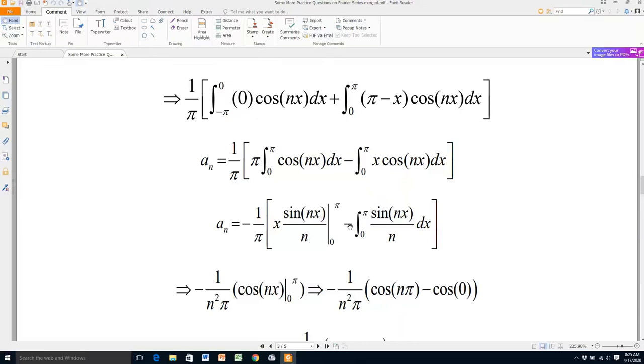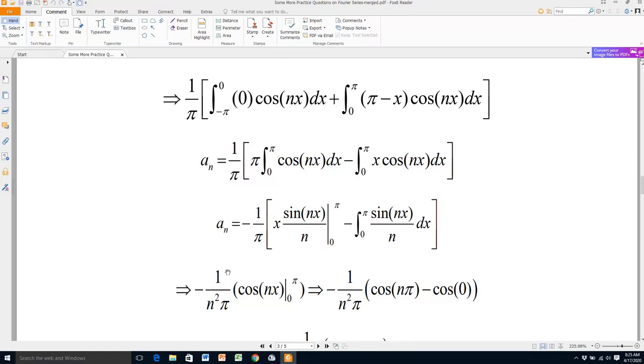You see here, when I take this negative, you have minus, this minus, and when you take the integral of this sine, it again gives us minus cos nx divided by n. So this negative, this negative and this negative, you have three negatives here.